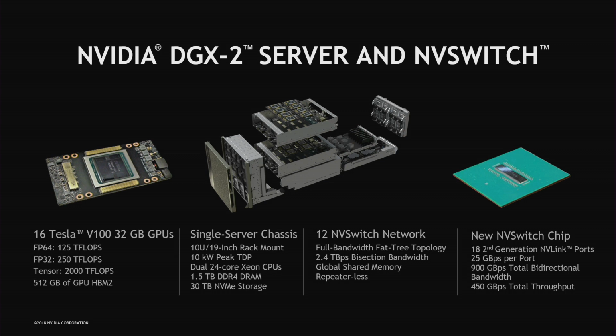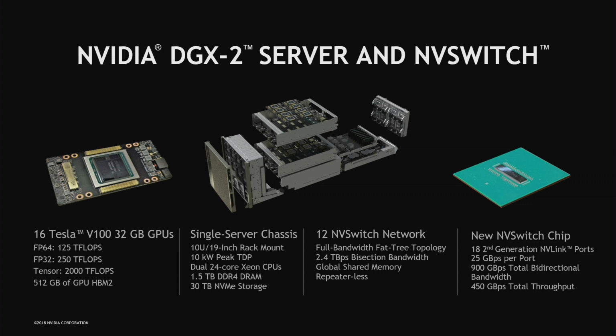In aggregate, those 16 GPUs buy you 125 teraflops of double precision floating point, 250 teraflops of single precision, and 2 petaflops of so-called tensor operations. Tensors are basically 16-bit floating point matrix calculations. And all told, those 32 gigabytes per GPU add up to half a terabyte of HBM2.